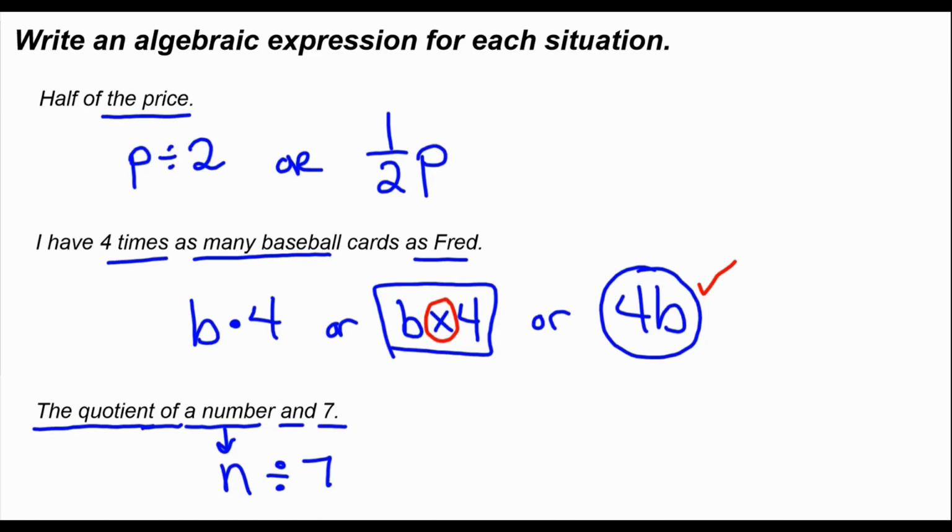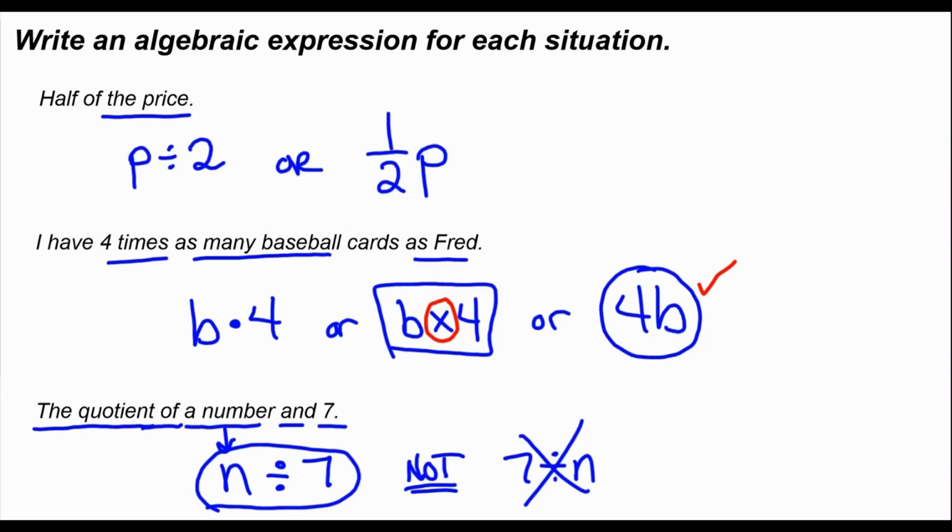It's n divided by 7. Now, when it's written in that direction, it is not 7 divided by n because division is not commutative. I cannot write those both ways. That one would be wrong. This one is the correct representation here, n divided by 7, because when you see the phrase like this, the quotient of, this is the order that they're divided. A number divided by 7.